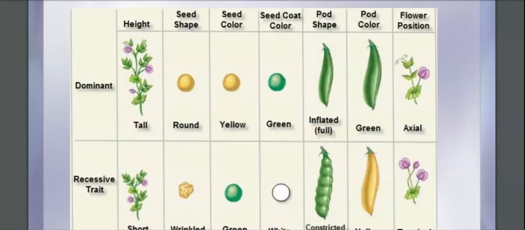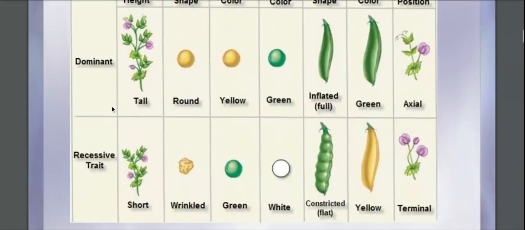Very soon I'll be explaining to you what's the meaning of a dominant trait, and the other was a recessive trait. Dominant trait, from the name itself, you come to know that it is something that is expressed, whereas recessive trait is something that is hidden, because the dominant trait does not allow it to express. So these two things are to be kept in mind. Dominant means expressed, recessive means hidden.